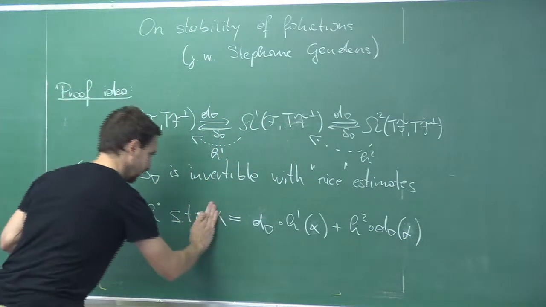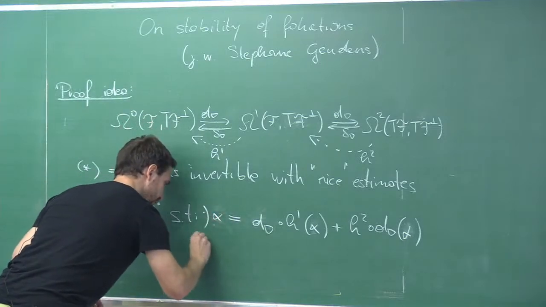So that's one condition. And the second one is the tame estimates.